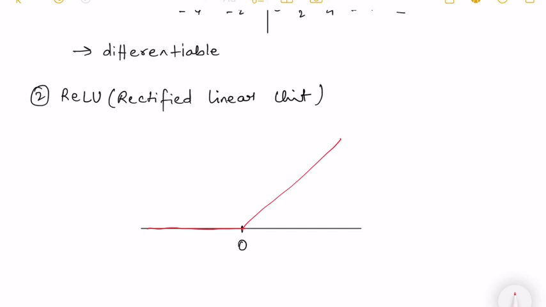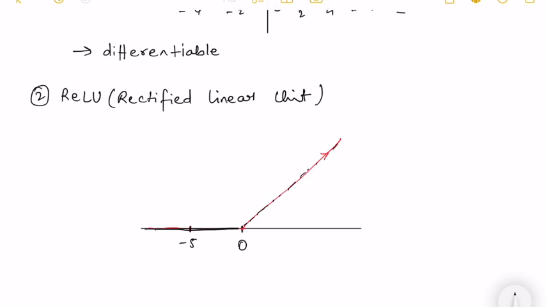Okay, so this is what the activation function looks like. It's essentially just zero for every value which is negative. So for all negative values, it's always zero. And as soon as it gets a positive value, it just returns that value as it is.